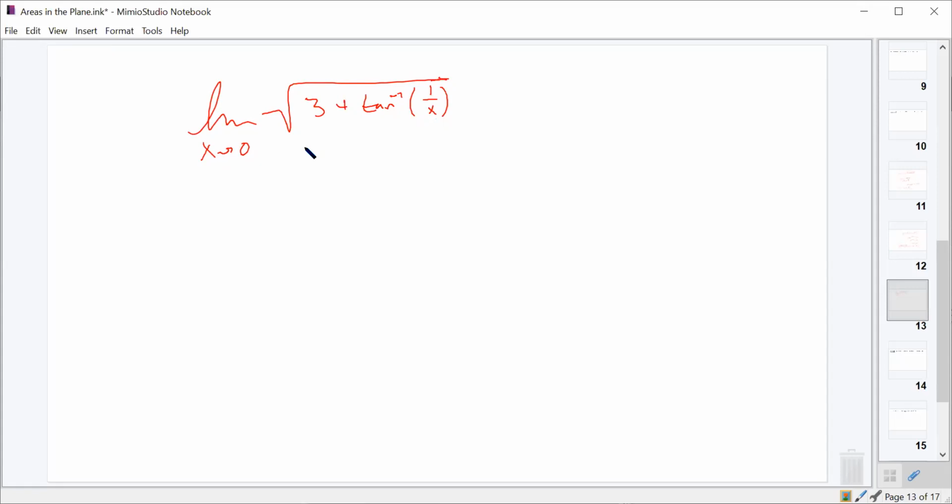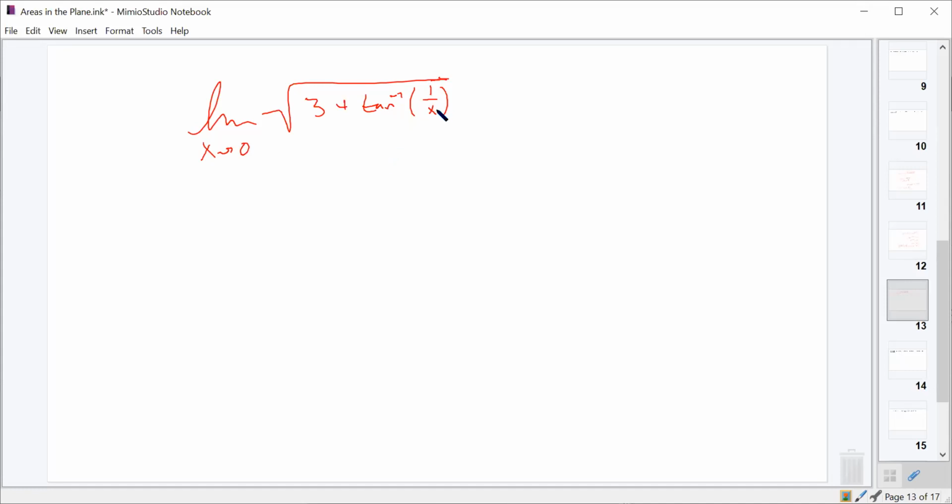weird to think about, because if you plug in 0 here, we think about 1 over 0 as infinity, right, normally? Yeah, 1 over something very close to 0 is approaching infinity. So this is like the inverse tangent of infinity, which we know is pi over 2.